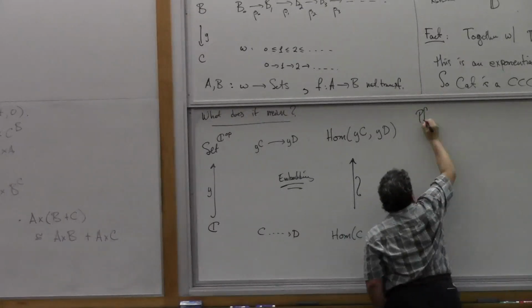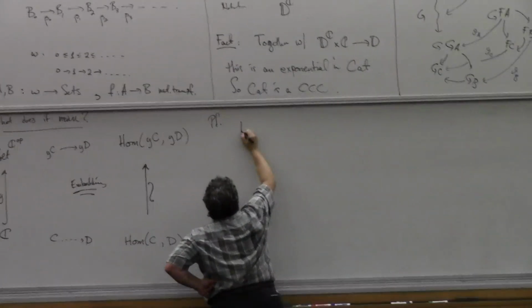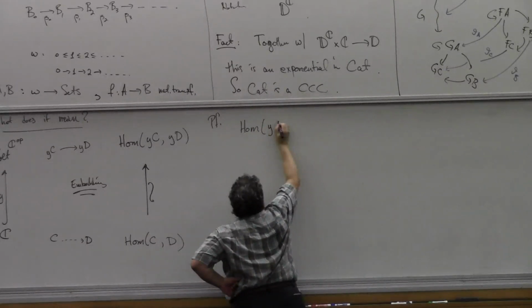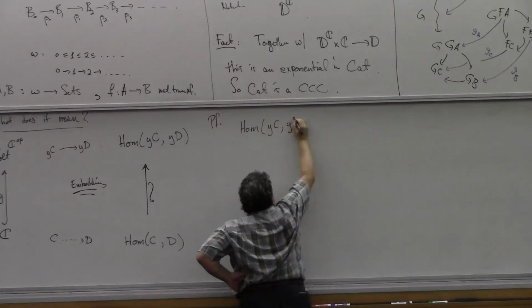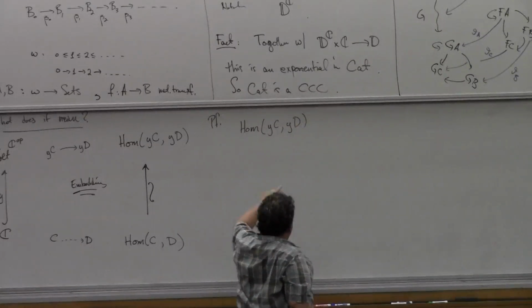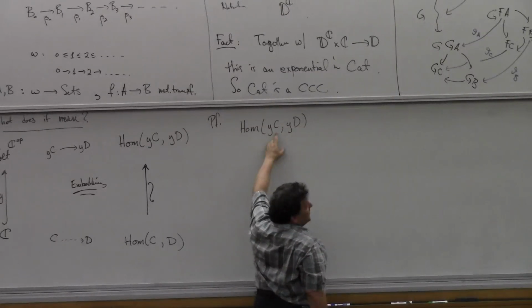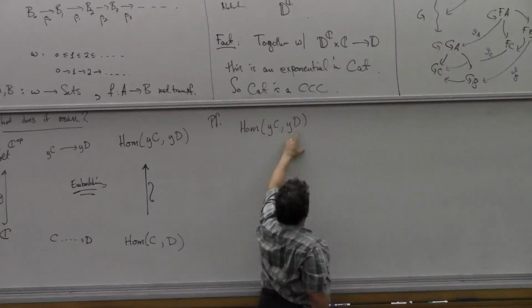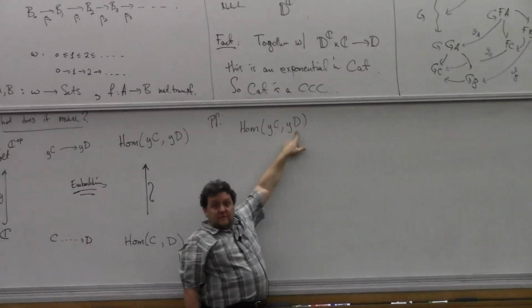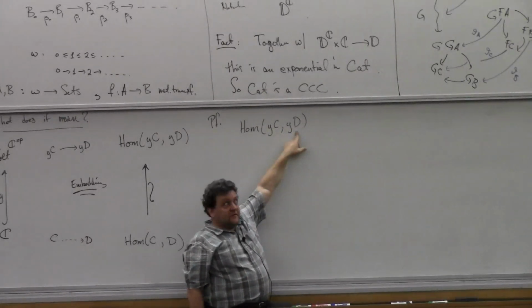Here's the proof. Let's consider Hom(y_C, y_D). Well, this has the form Hom(y_C, F) for y_D being F. Yeah? Take F to be y_D.